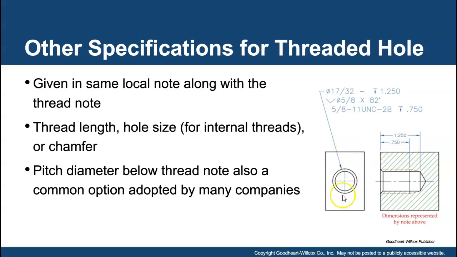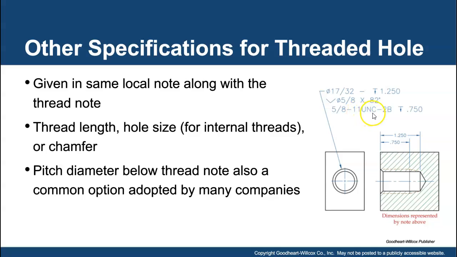This is the way we show holes. Here's your diameter, that's your thread diameter. This is the depth that it's going. There you are countersinking with a 5/8 diameter with an 82 degree countersink. And of course, here is the spell out for the actual thread form. They're saying 5/8 is the diameter, 11 threads per inch.